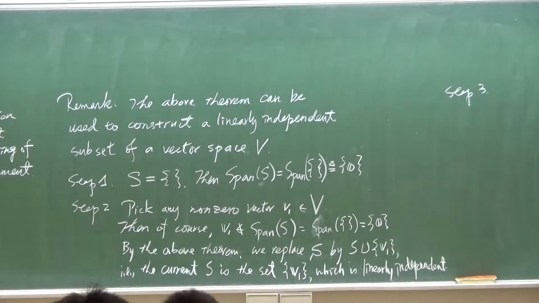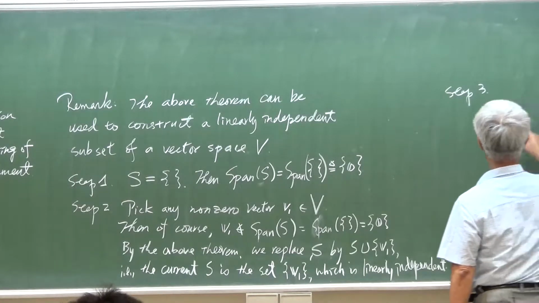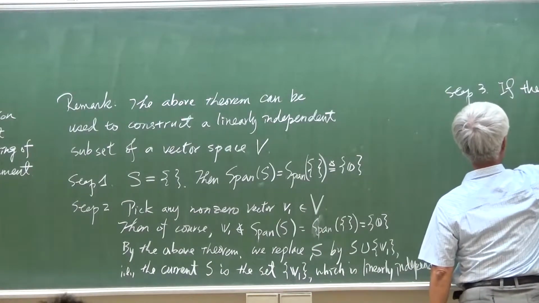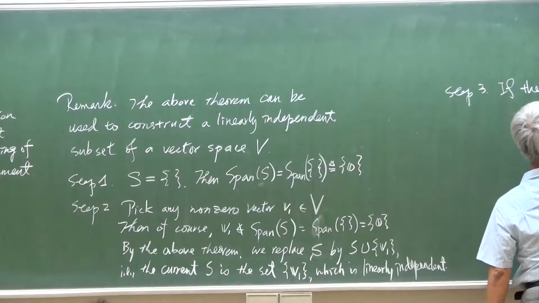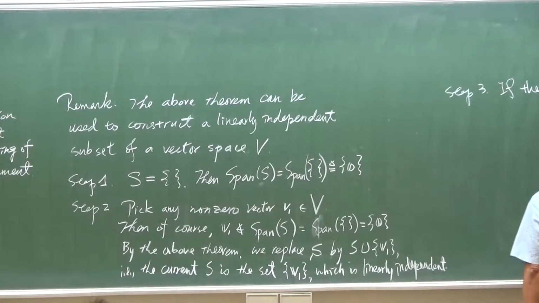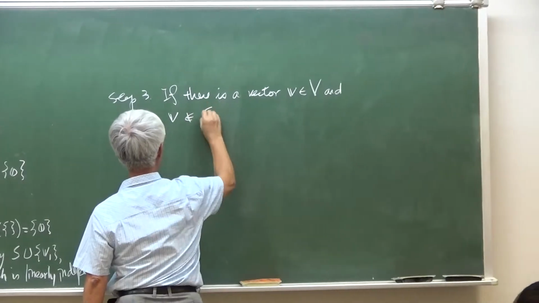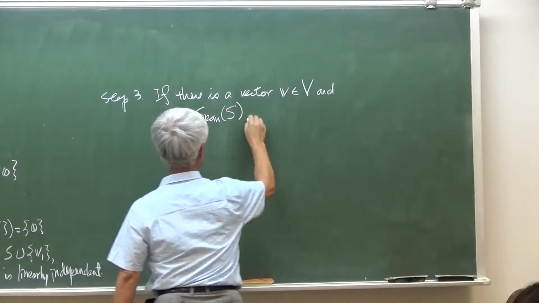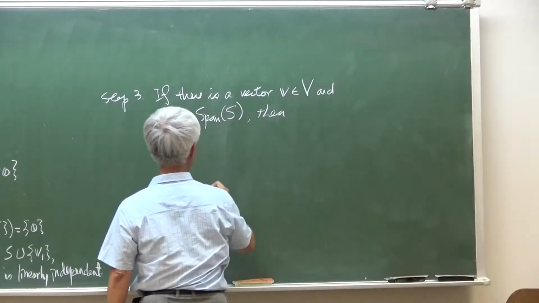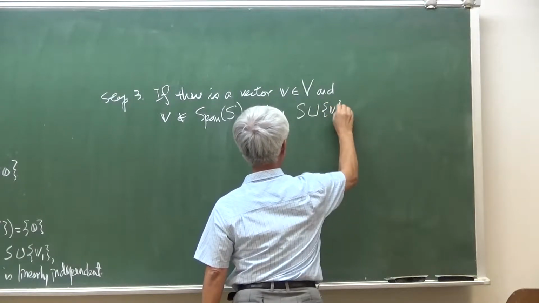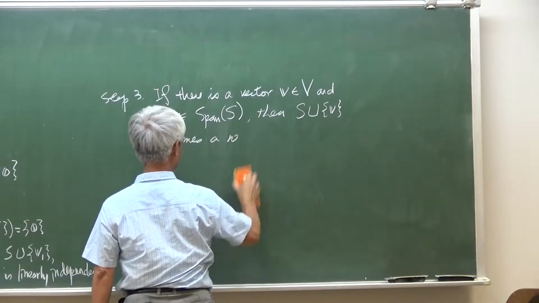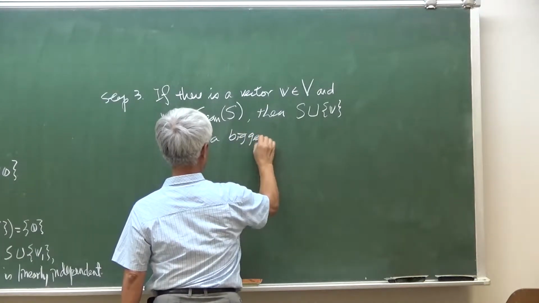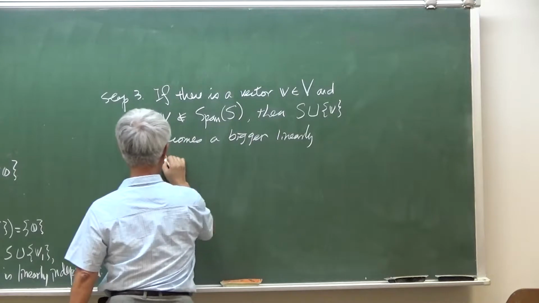Step 3. If there is an element, that is a vector v in V, and v not in the span of S, then the union of S and v becomes a new, bigger linearly independent set.